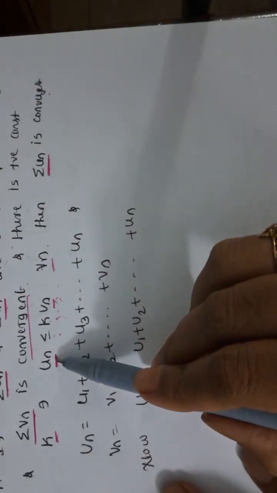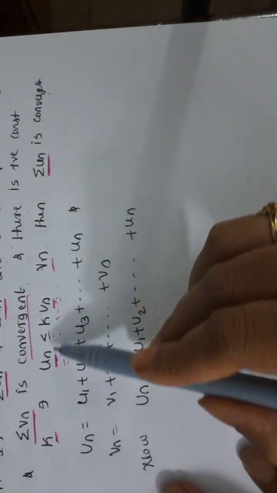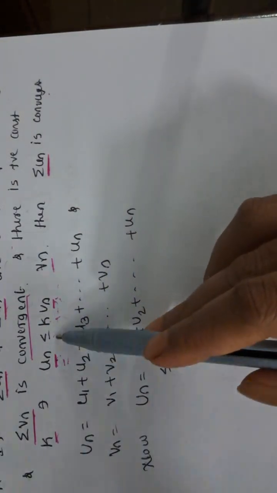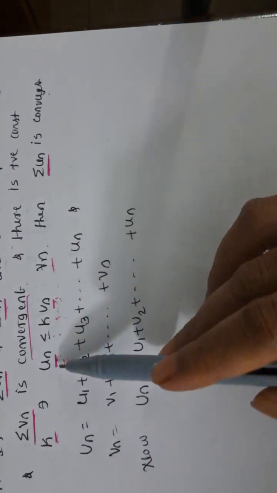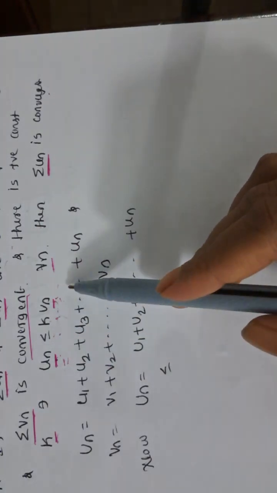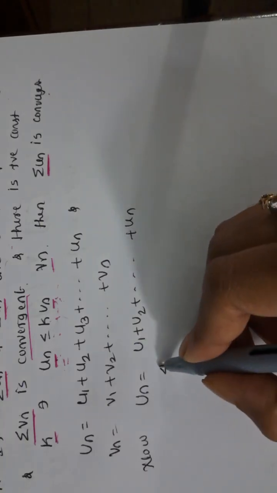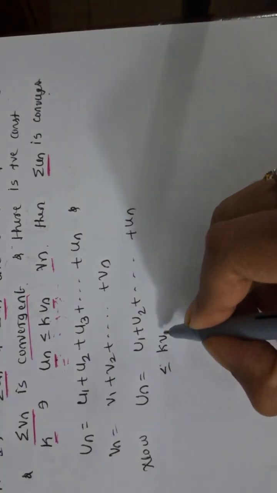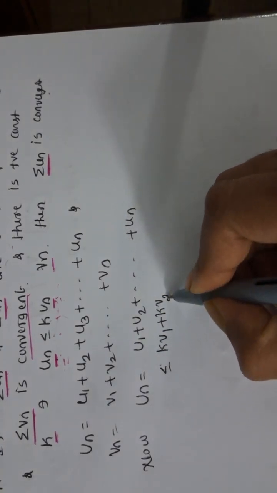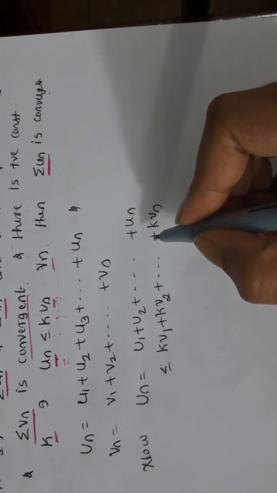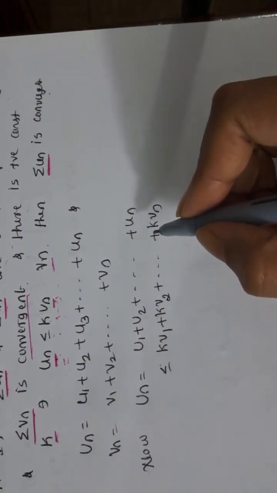As un is related to vn by this result, I'll replace each term, because u1 is less than or equal to k into v1, u2 is less than or equal to k into v2. So we write u1 plus u2 and so on is less than or equal to k into v1, k into v2, so on up to k into vn. This is what we will write for each term.